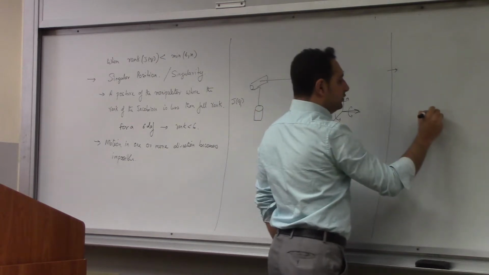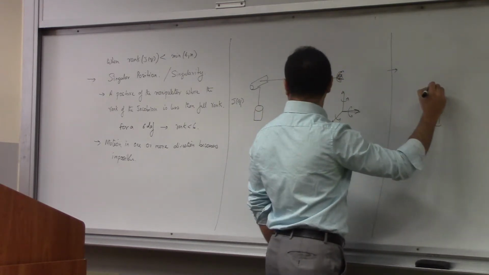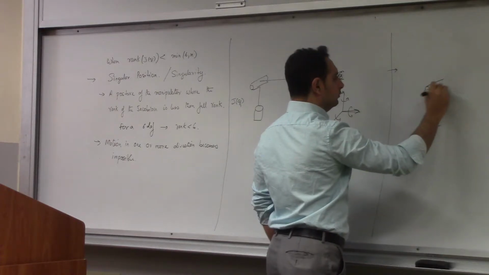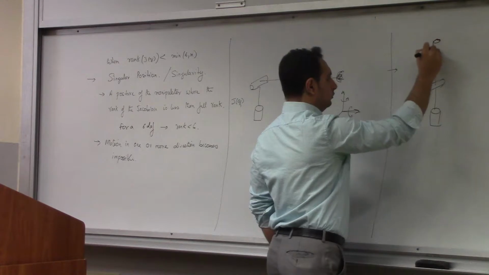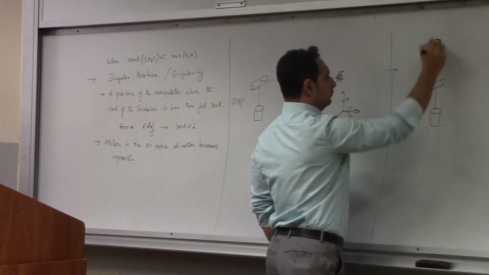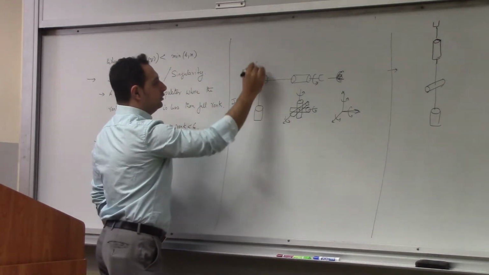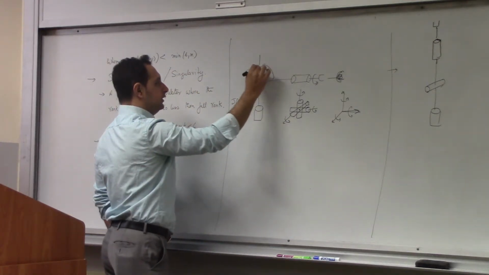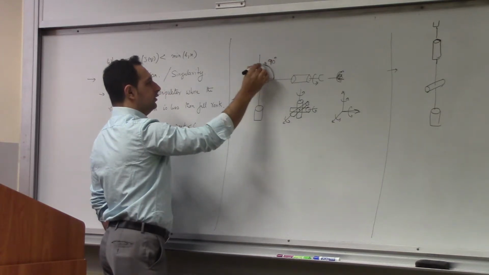But when this becomes 90 degrees, what I have done is I have moved this, I have displaced this by 90 degrees. Right? I have moved it to 90 degrees.